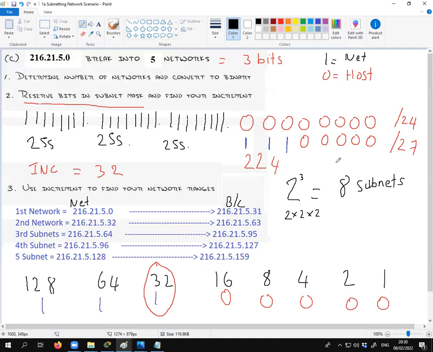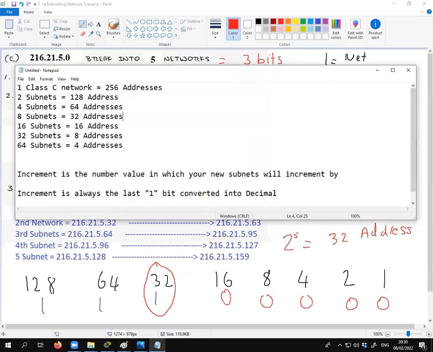How many host bits do we have? 5. So 2 to the power of 5 is 2 by 2 by 2 by 2 by 2, which is 32 addresses. 8 subnets, 32 addresses.